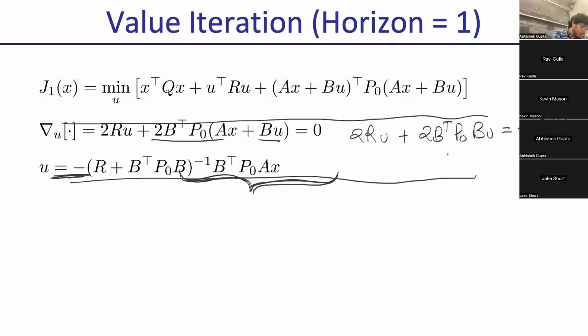And then you can cancel off all the 2's, and you can say U is equal to minus R plus B transpose P naught B inverse times B transpose P naught AX. So all we did is we took the derivatives, grouped the U's together, and then multiplied both sides by the inverse.